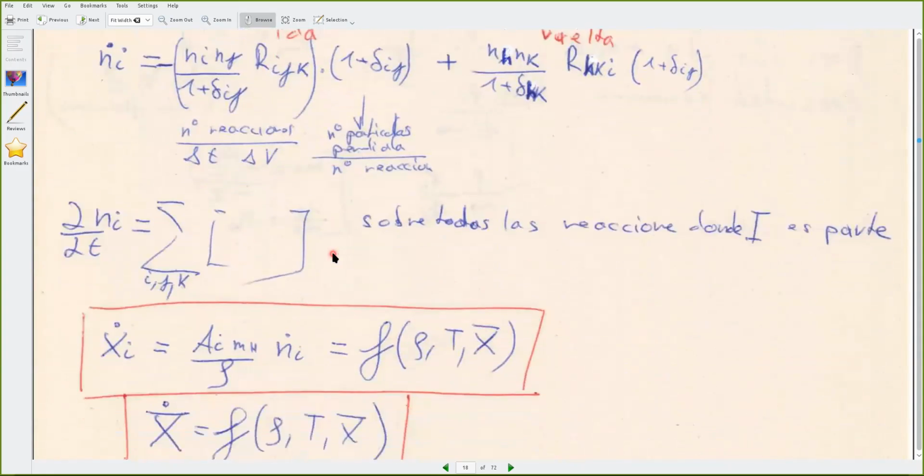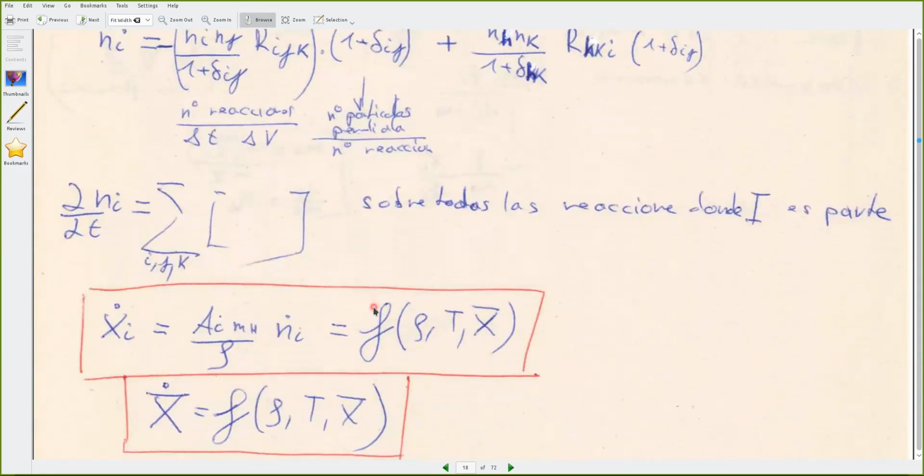But anyway, we can at the end see this is the mass fraction of a certain element, a certain particle, essentially how much of the total mass is composed by this element.